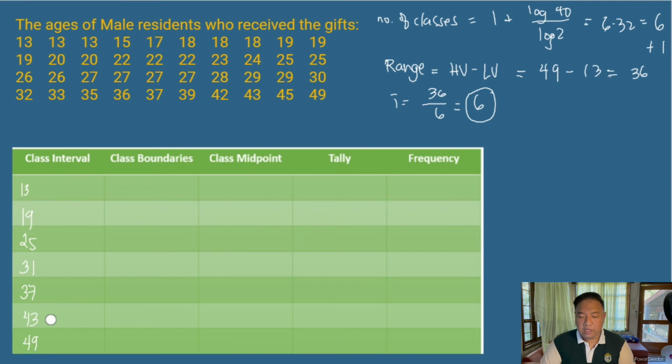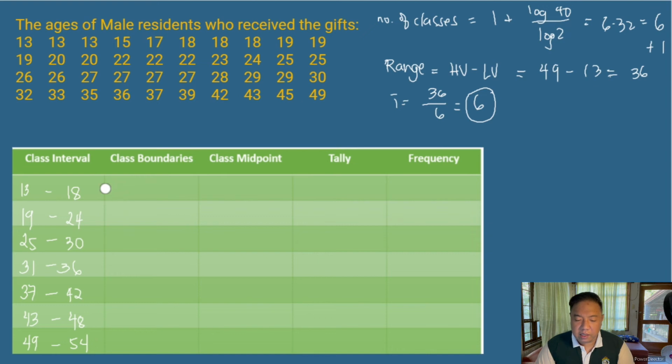The next ones: the number before 19 would be 18. Then just keep adding: 24, 30, 36, 42, 48, and 54. Later I will tell you why we need to add a class when the width is a whole number.